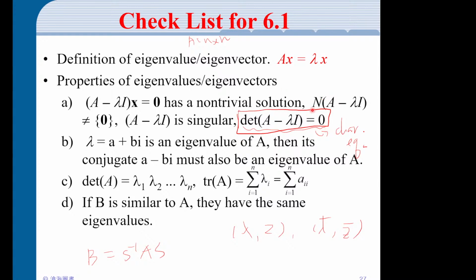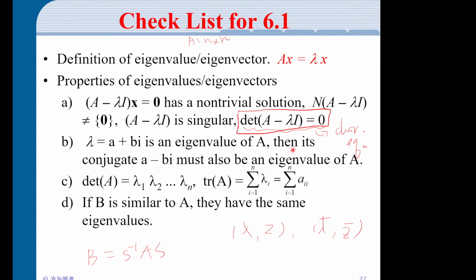When we say this degree n polynomial has n roots, we are also counting the complex roots. When you solve this polynomial equation, you can get complex roots and corresponding complex eigenvectors.